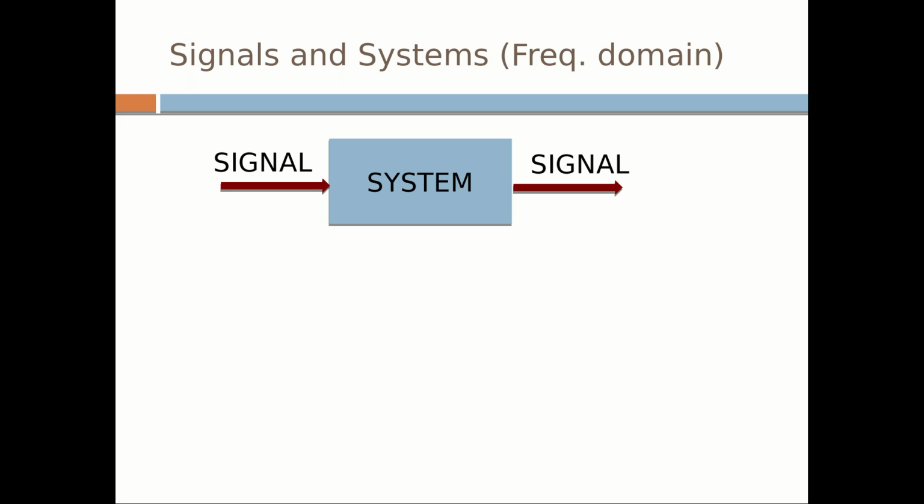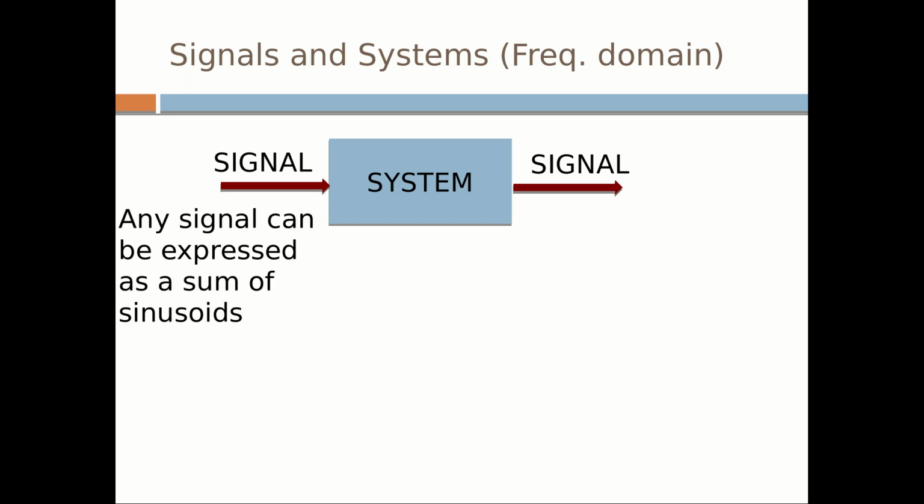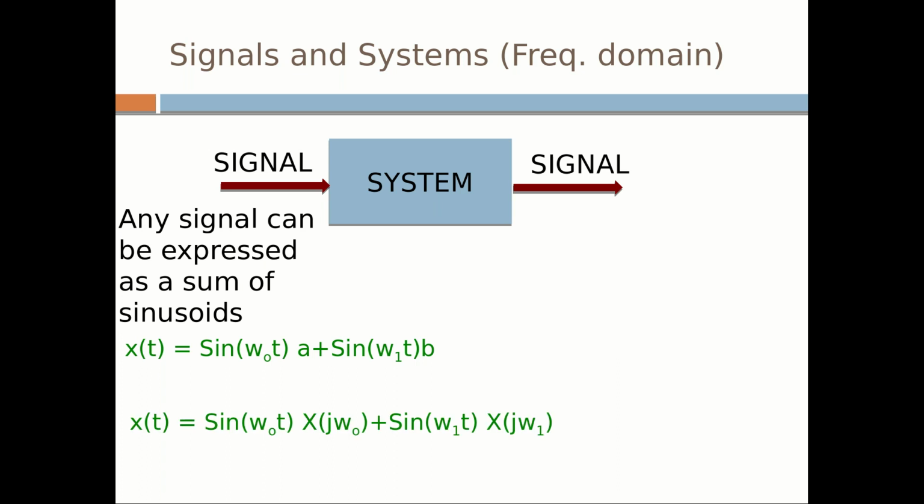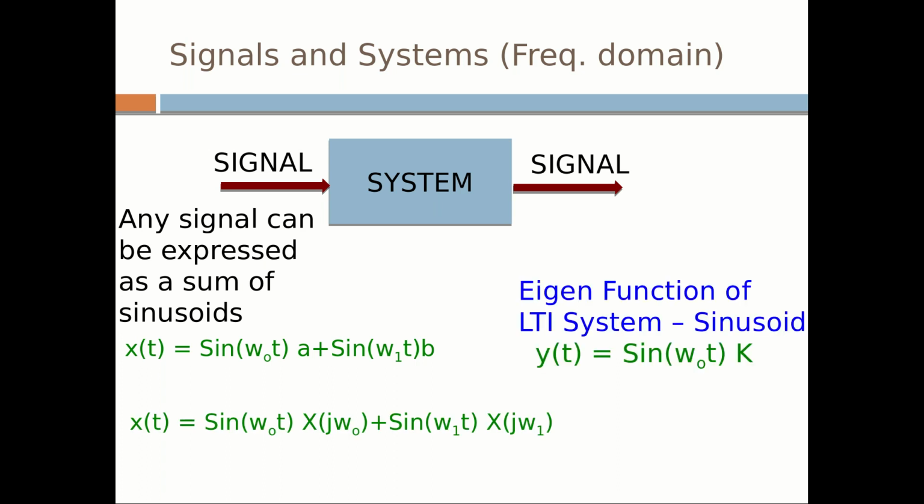We know that any signal can be expressed as a sum of sinusoids. This property is largely exploited by LTI systems to quickly find the output given an input. This is possible because sinusoids act as eigenfunctions of an LTI system, that is, given a sinusoid input, the output would be a scaled version of it.